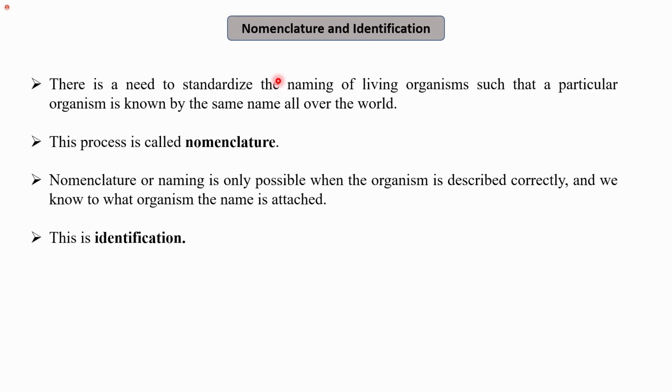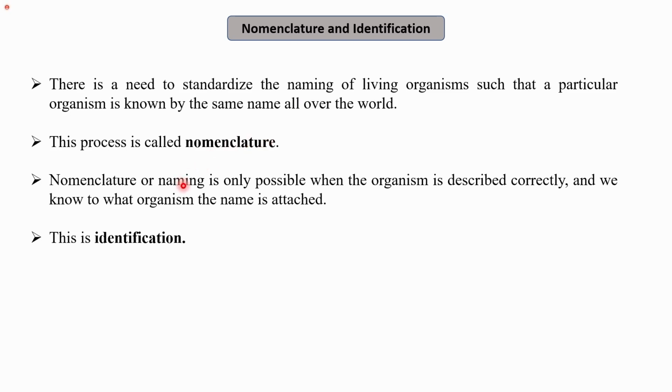So the process of naming the living organisms such that a particular organism is known by the same name all over the world is known as nomenclature. Nomenclature is basically a process of naming living organisms such that an organism is known by the same name all over the world to avoid any confusion, irrespective of the languages which are spoken in any part of the world.